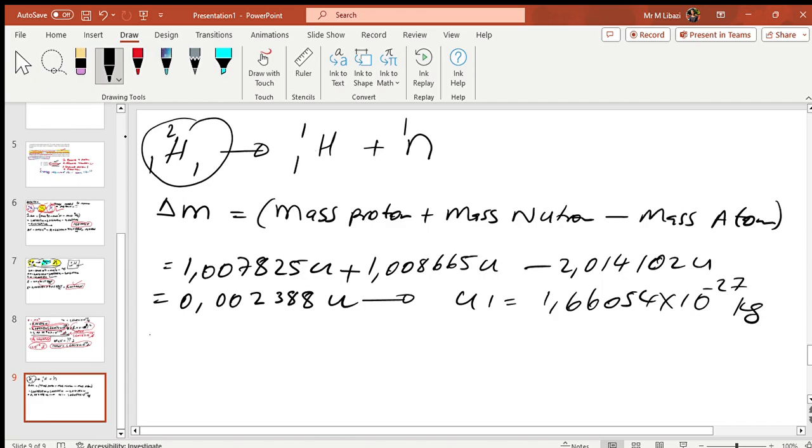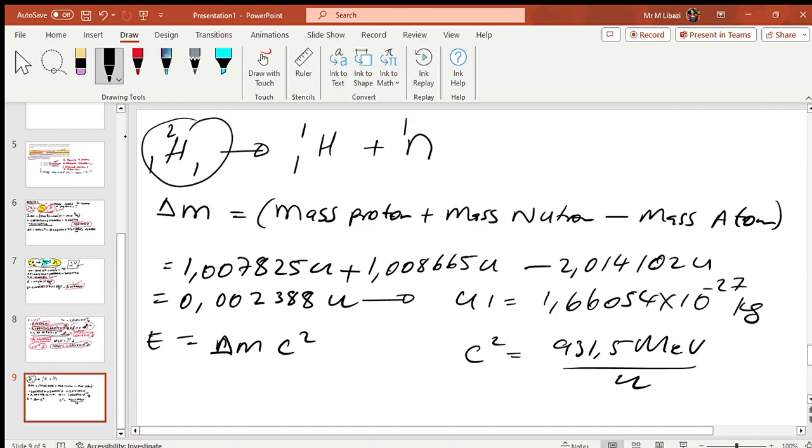So now the energy will be delta m c squared, where c squared is equal to 931.5 mega electron volts per unit mass.